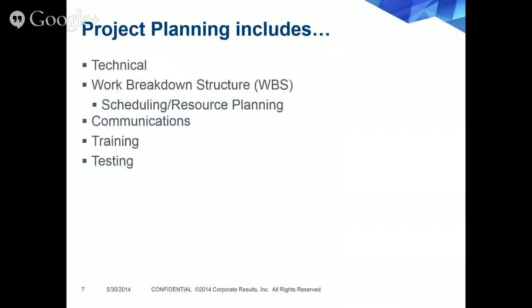The outline of a basic project plan includes the technical aspect, so hosting, environments, servers, and possible outsourcing, as well as the work breakdown structure. So that'll be your scheduling and resource planning. That's probably the most important part of the project plan, as well as communications. So how are you going to communicate throughout the company within the upgrade itself, as well as training.